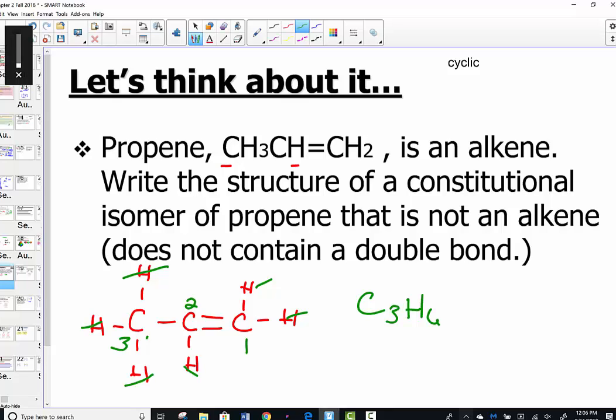Because here I'm saying, okay, if it's double bonded in a straight chain, how do I keep the same number of H's but get rid of the double bond? We're going to have to attach all carbons in a cyclic structure. That's all single bonds. And I have 1, 2, 3, 4, 5, 6 hydrogens off of each of the carbons.